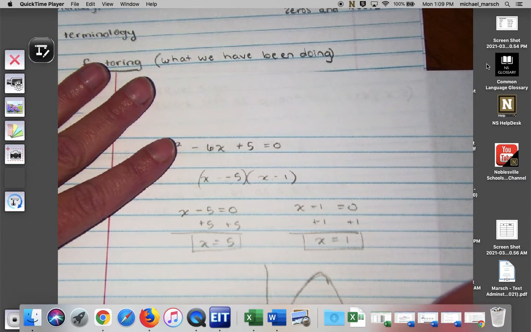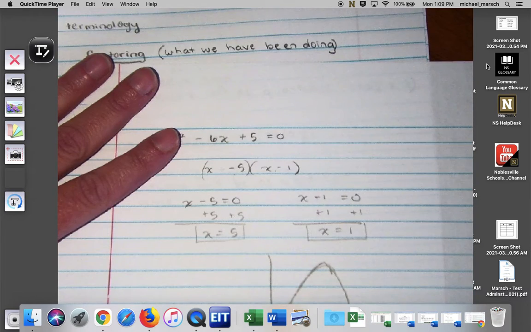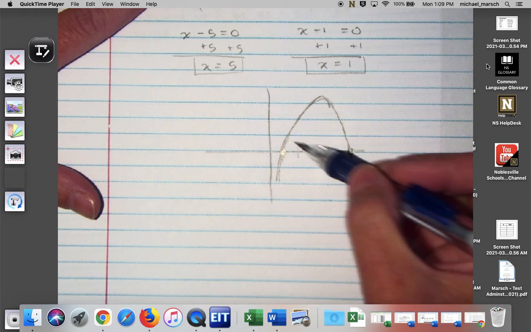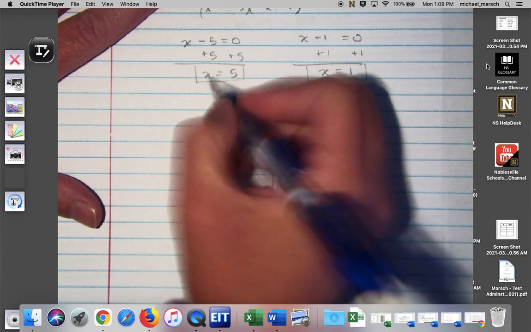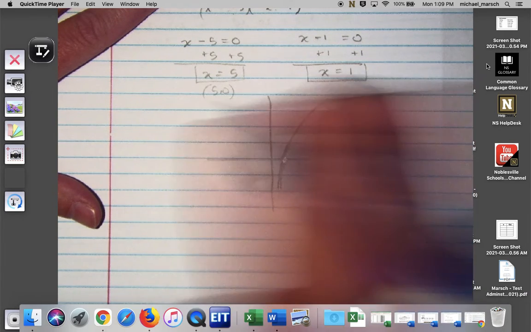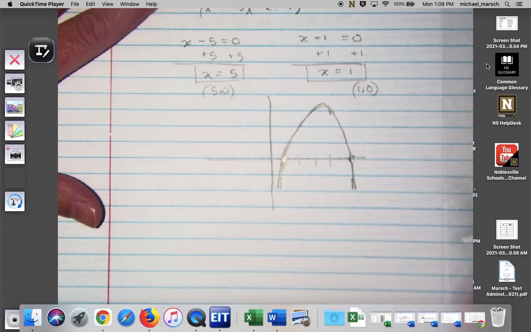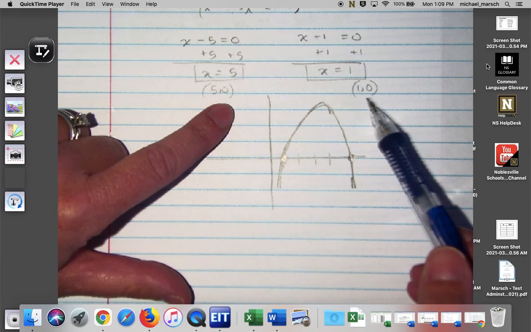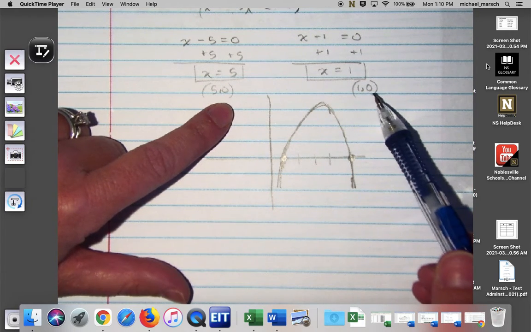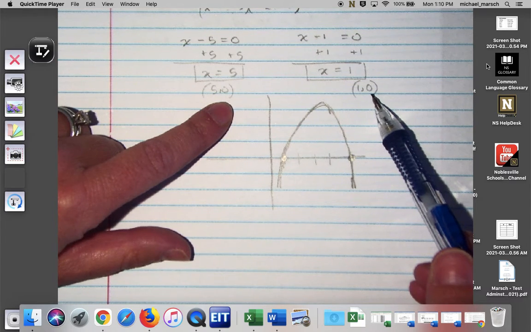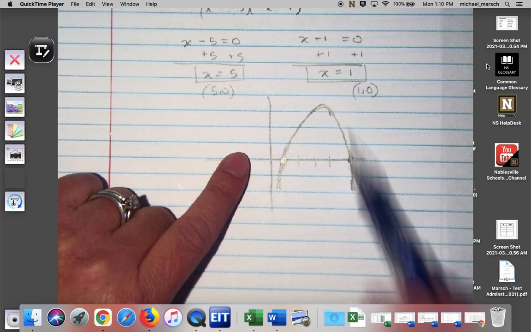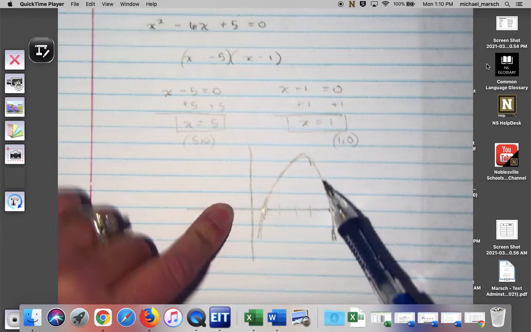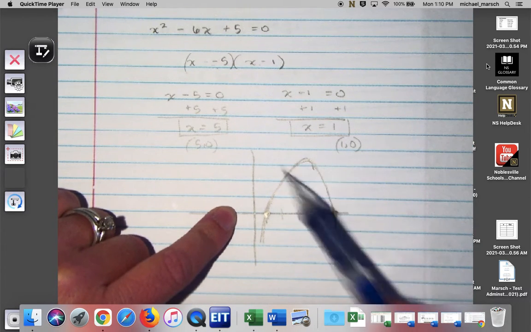You guys have seen graphs like this that kind of go whoop. So here's my 1 and here's my 5. These values are becoming my x-intercepts. They're called zeros because what's the y value? 0, right? They're called roots because they're kind of like the foundation of the parabola. The only thing we don't have yet is how to create the vertex.